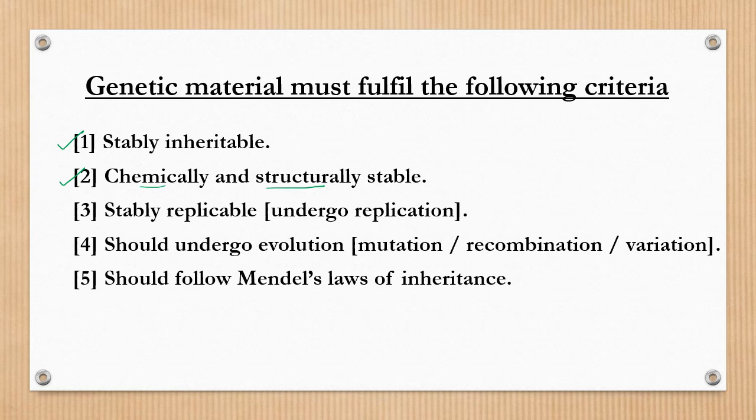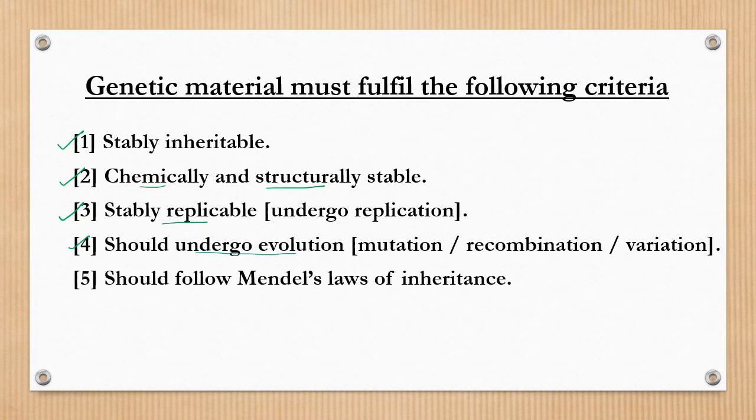Next criteria, stably replicable. They need to have a stable replication capacity. Replication is nothing but synthesizing their own molecule. That should be stable. And the fourth criteria, it should undergo evolution.